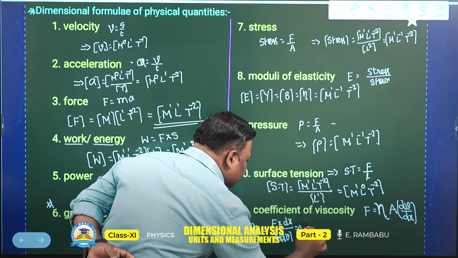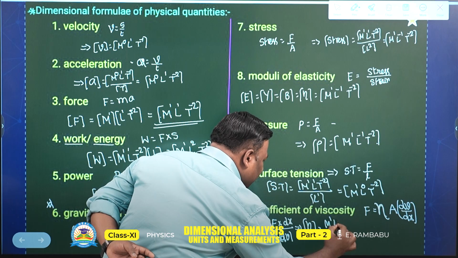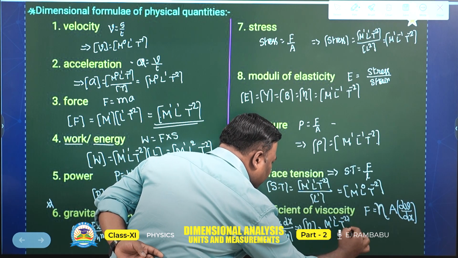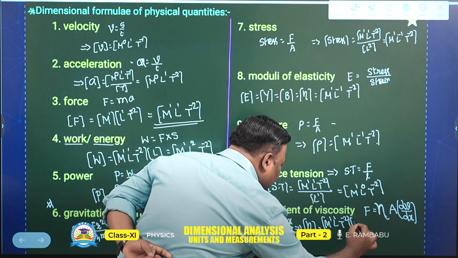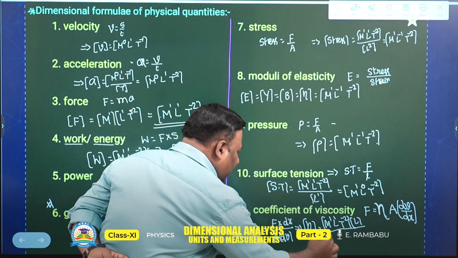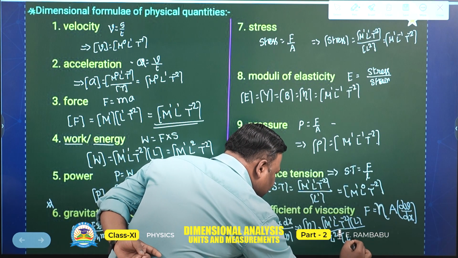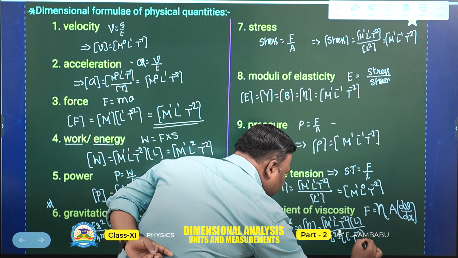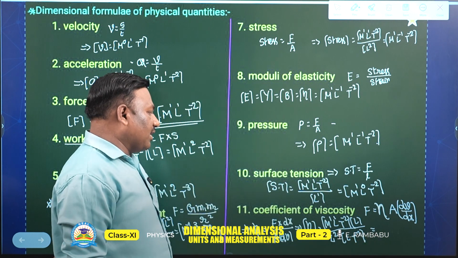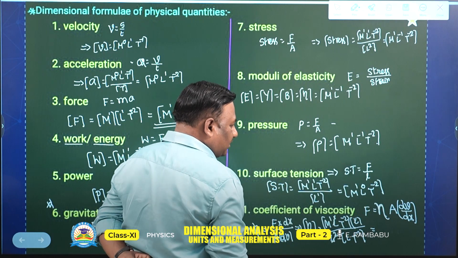Now we will write its dimensional formula. Force is M to the power 1 L to the power 1 T to the power minus 2, into length, change in length is nothing but L, and area dimensional formula is L square, and velocity dimensional formula is L T to the power minus 1. Here L square and L square cancel.